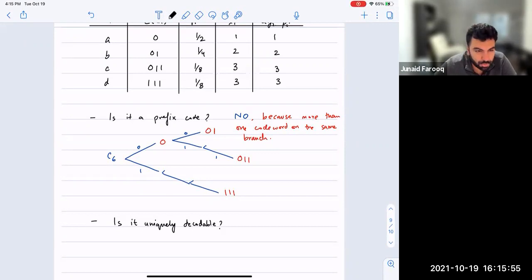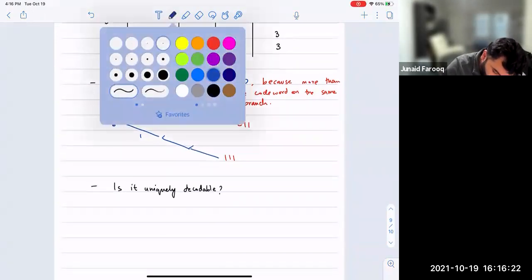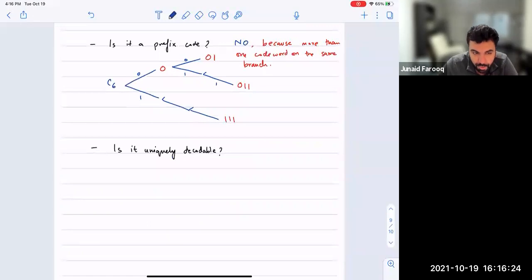That's not a code word. So at least from an observation point of view, I don't see whether this can easily be confused. 1, 1, 1 cannot be confused with any other, no matter how you concatenate it. So yes, it's uniquely decodable. There's no standard process, but you have to look at all the possible combinations.